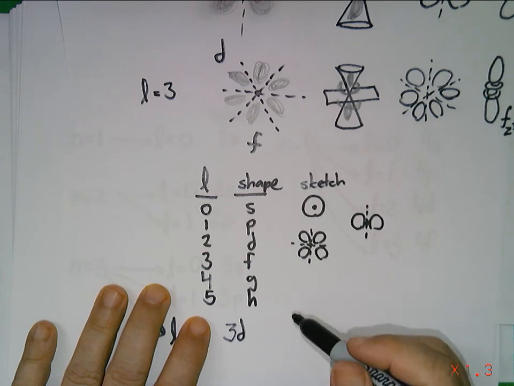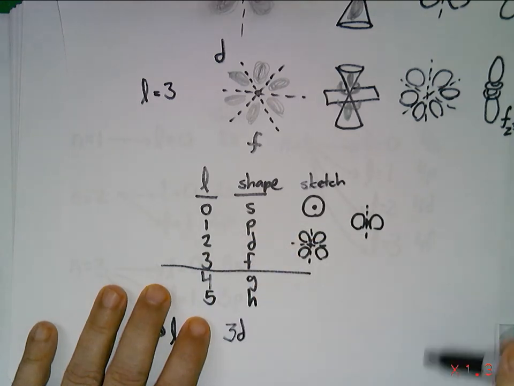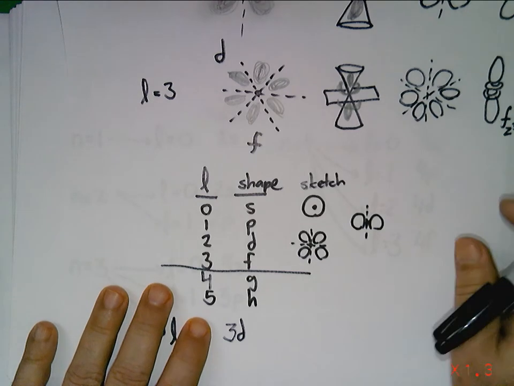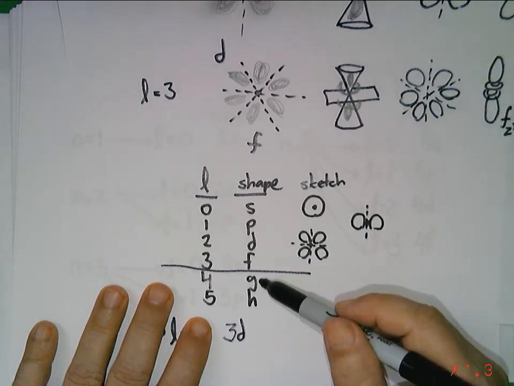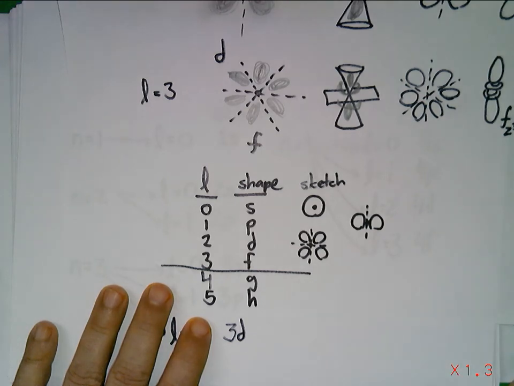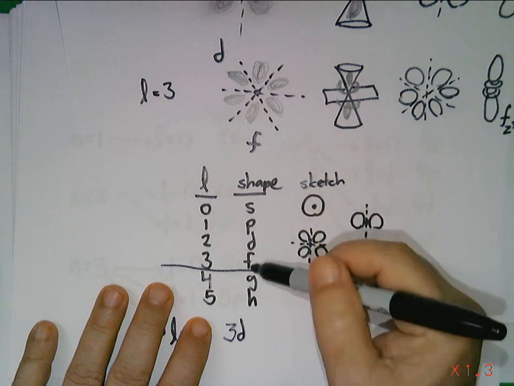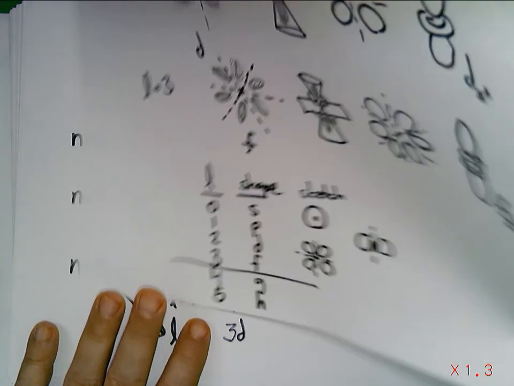But the thing is, we only have stable atoms that have s, p, d, or f waves in their ground state. So we don't know any ground state atoms that have g orbitals or h orbitals in them. So you don't have to worry too much about these. Know these first ones, because these are the ones we're going to have to use.